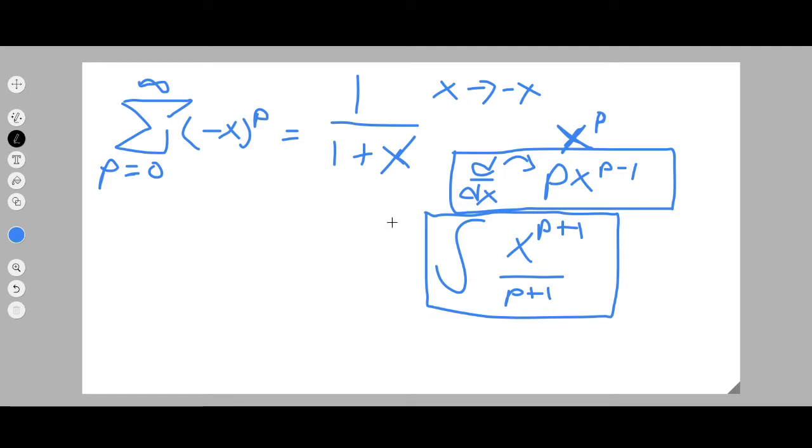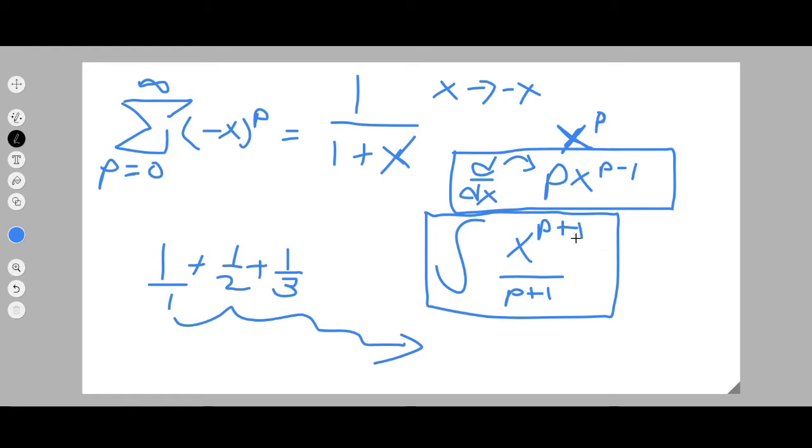The answer is we're going to use the integral transformation. Why? Because that places a p at the bottom, and we want that to happen because if you take a look at the harmonic series, we have 1 plus 1/2 plus 1/3. The increasing part here is p. P goes from 0 to infinity, so we want p at the bottom to go from 0 until infinity, and the integral gives us a transformation that does just that.